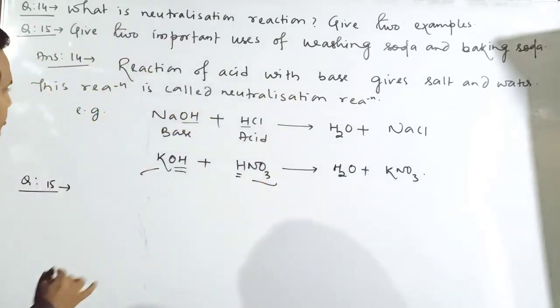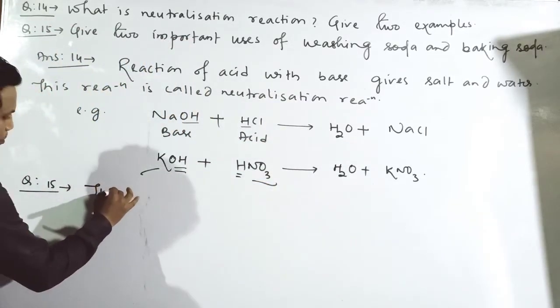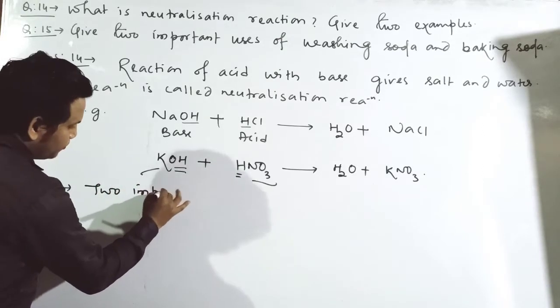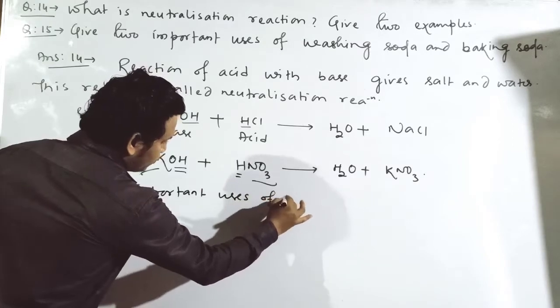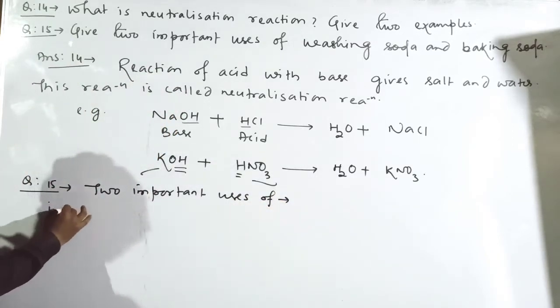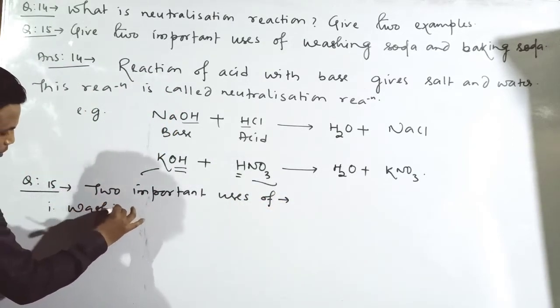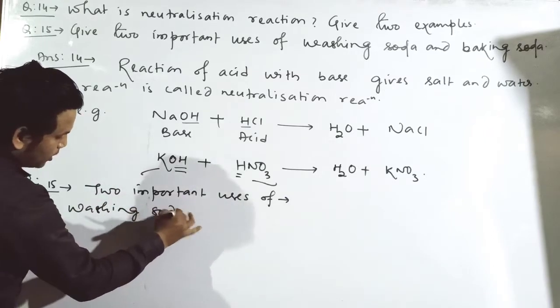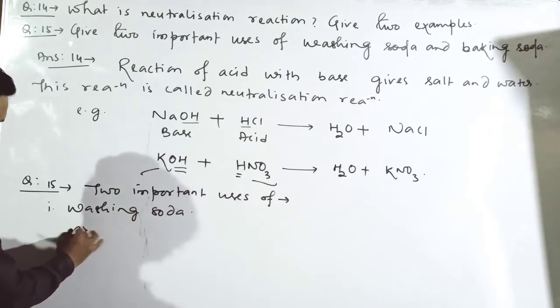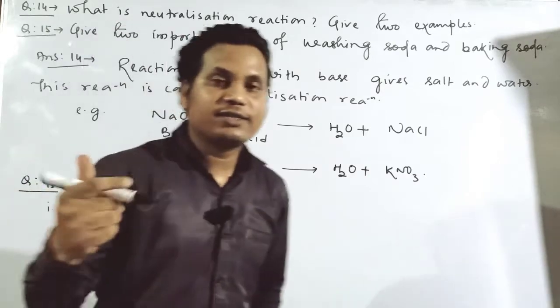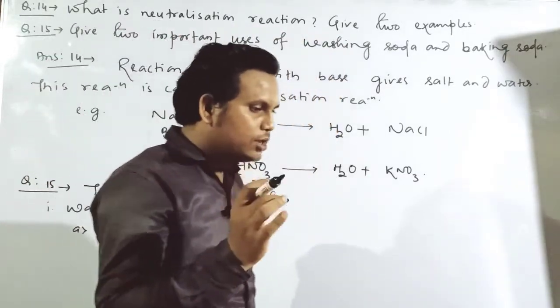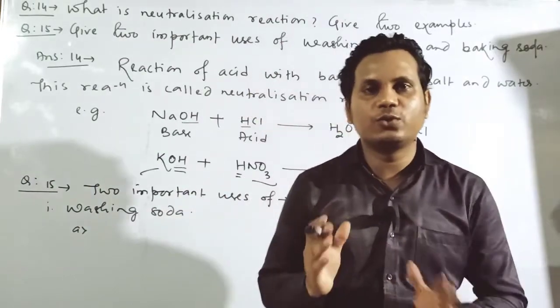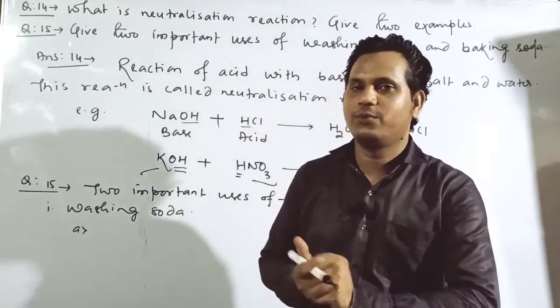Now proceed to question number 15, which asks: give two important uses of washing soda and baking soda. So two important uses of. The first is washing soda. So first use. It was once asked in the in-text question, which sodium compound is used for softening hard water?